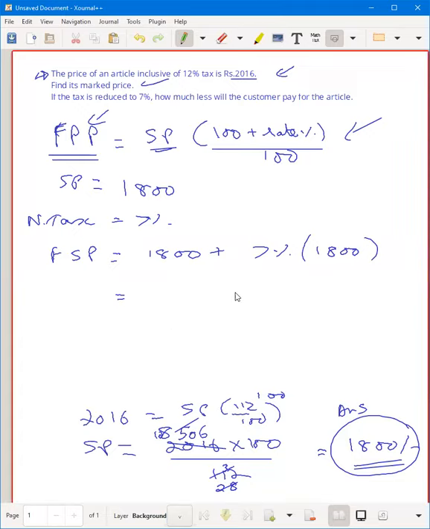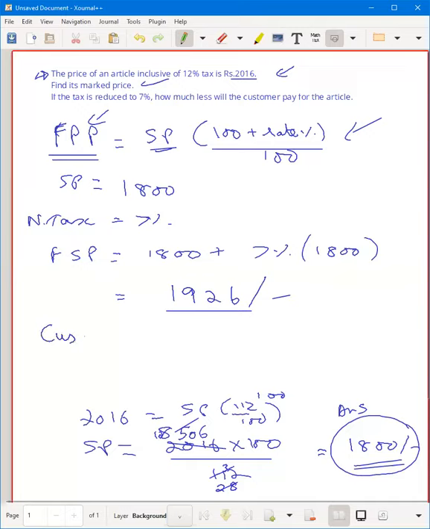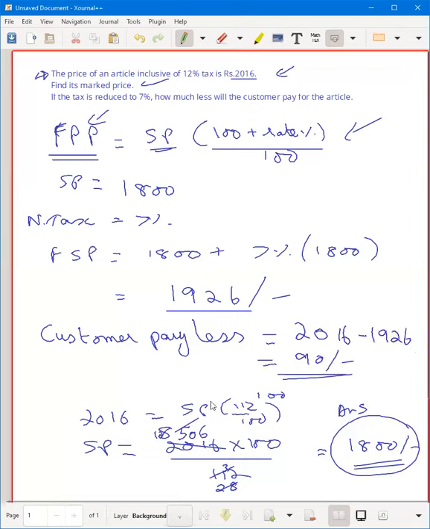Yes, sir. So that equals 1926. Earlier the customer was paying 2016 including tax. Now he's paying 1926 including tax. So the reduction is 90 rupees.